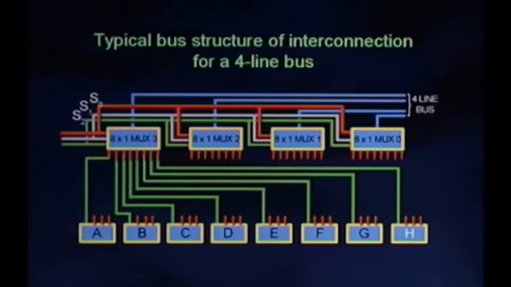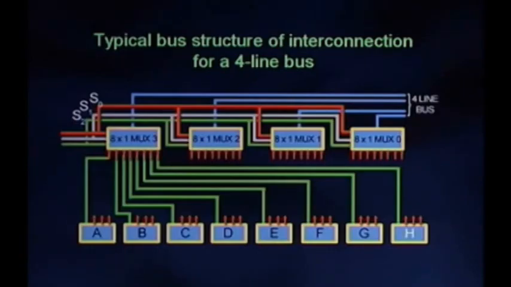This structure, as seen, consists of 8 registers named A, B, C, D, E, F, G and H, each one of them 4 bits wide. Depending on the control signals S0, S1 and S2, one of the 8 registers is selected and put on the bus.